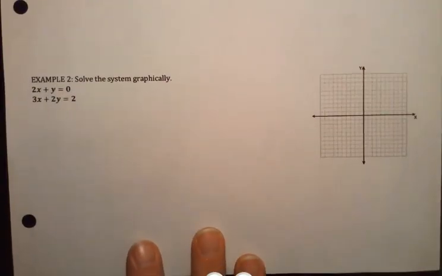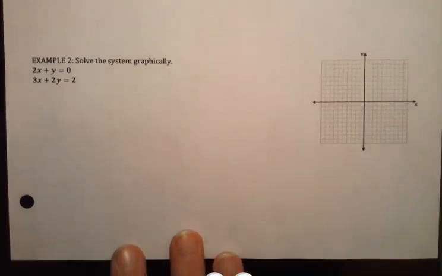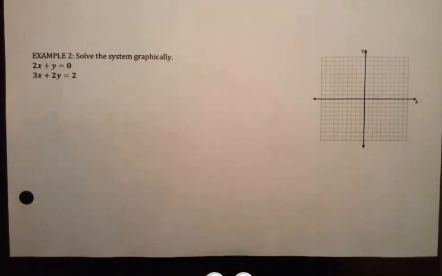Again, you could use the x- and y-intercepts if you want, where you plug in 0. That's okay. I'm going to stick with slope-intercept form for right now. We could talk about the other way in class if you want. We might do both on this one. Let's start with 2x plus y equals 0.